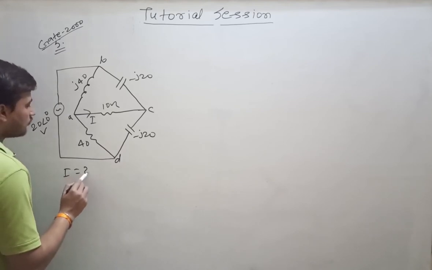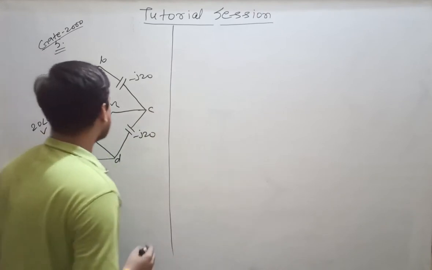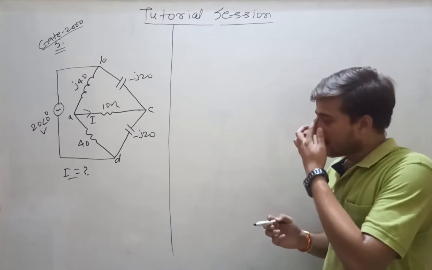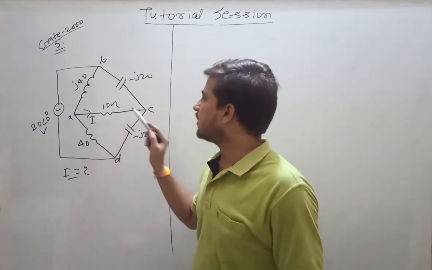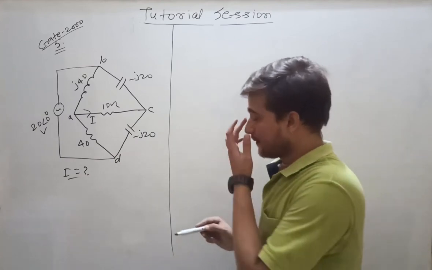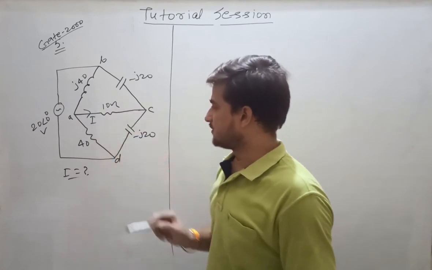Current I will be equal to what? So let us see how to find current I. To find current I, we'll have to apply Thevenin's theorem here in this network. If you are applying Thevenin's theorem, then we'll have to open this 10 ohm resistor.